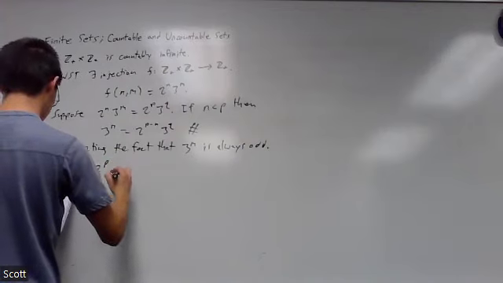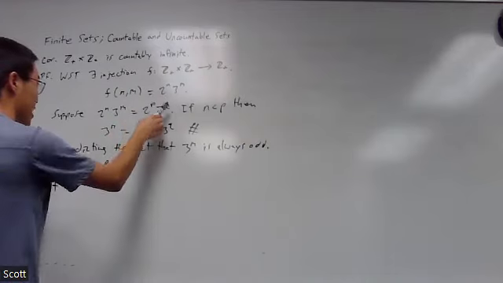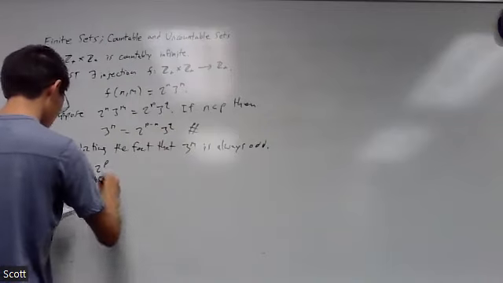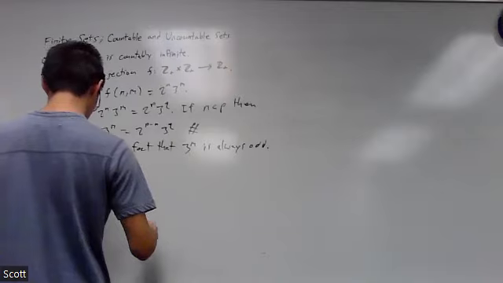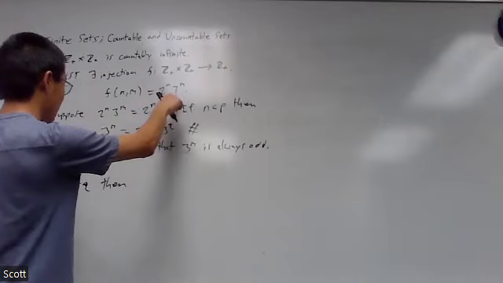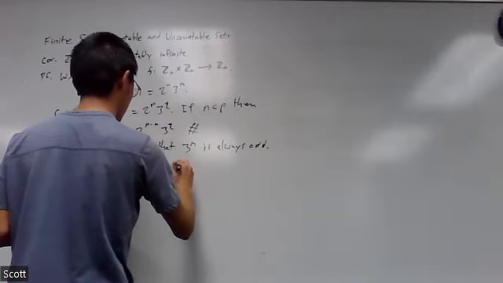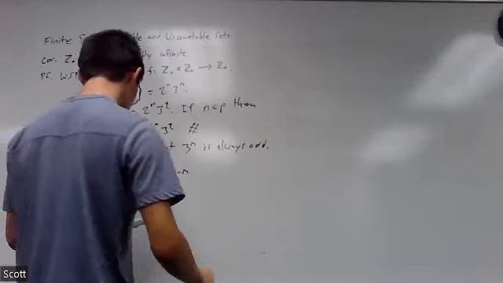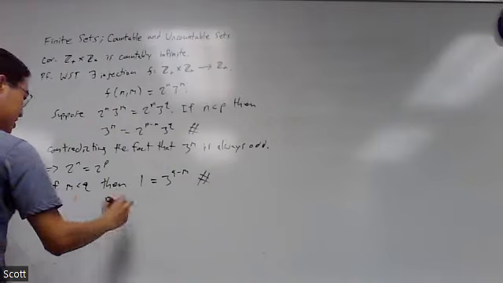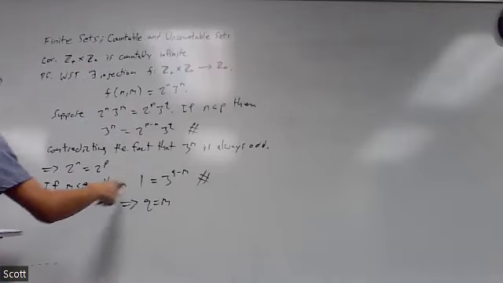That's why we can then assume that if m is less than q, then, because these are the same, we have 3 to the m equals 3 to the q. We divide by 3 to the m because m is less than q, so we have 1 equal to 3 to the q minus m. But that's also a contradiction, because that says that q equals m, but we assumed that m is less than q.